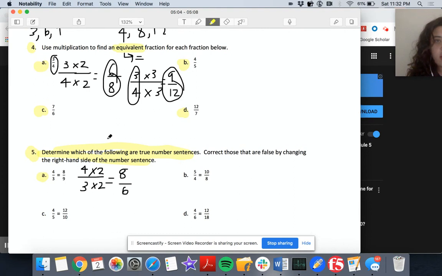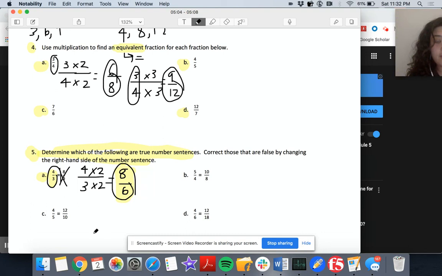So then I know that an equivalent fraction to 4/3 is 8 over 6, or 8/6. So I know that 4/3 does not equal 8/9. 4/3 is equal to 8/6, or is equivalent to 8 over 6.